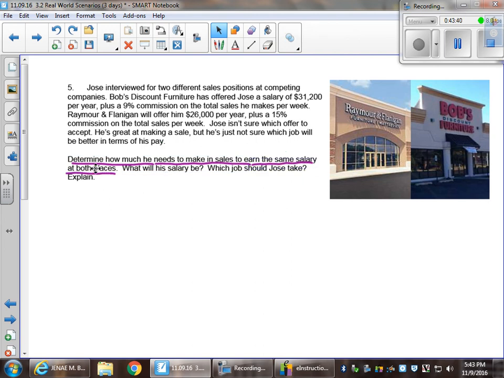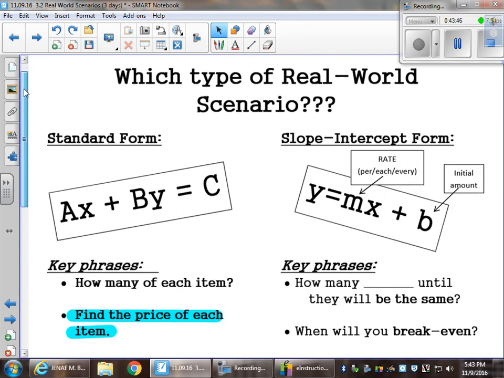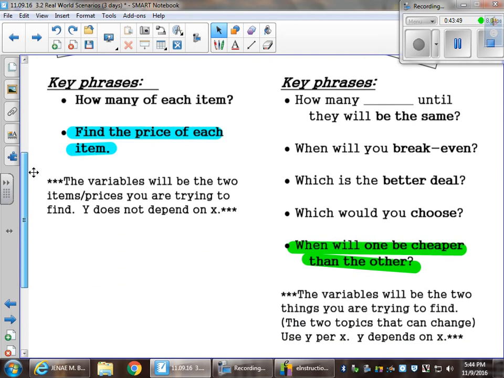How much he needs to make to earn the same salary at both places. If I go look, do you see it? I see it. Until they will be the same.